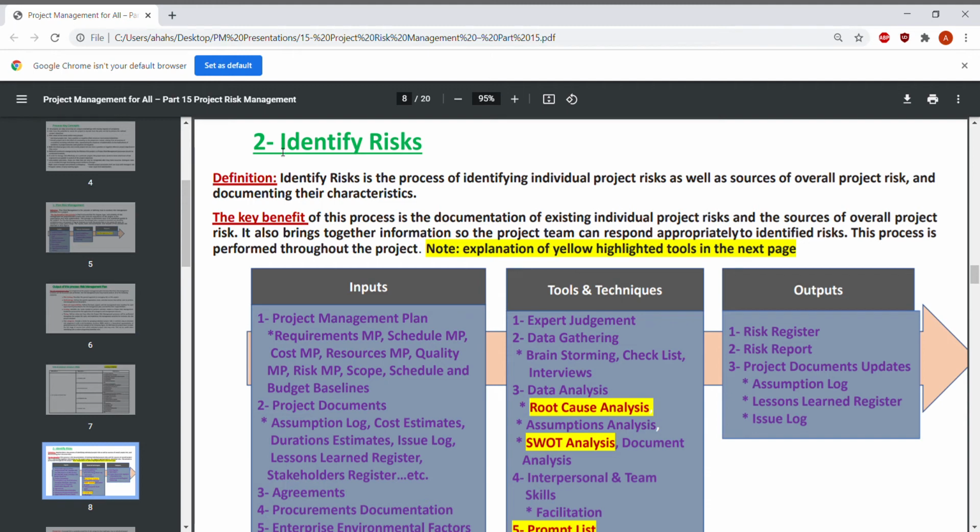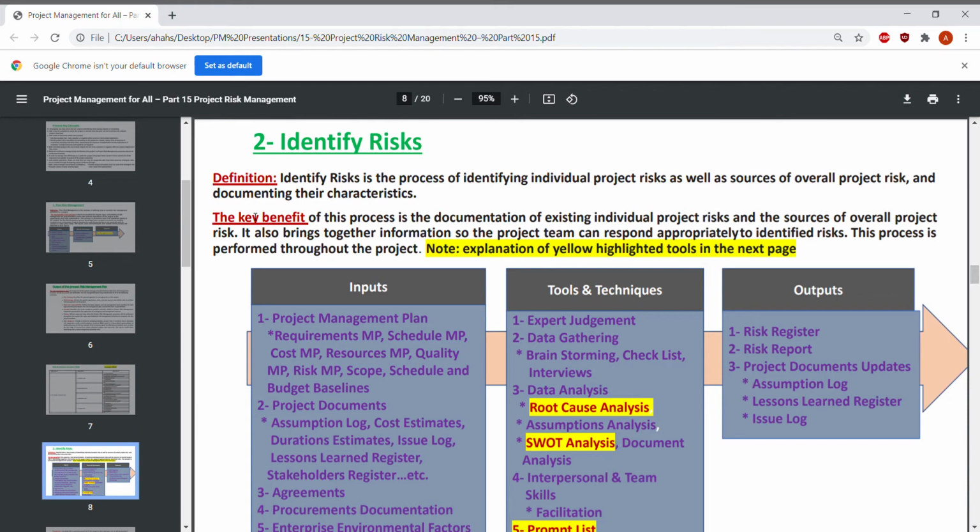The second process of project risk management is identify risks. The definition of this process is identifying individual project risks as well as sources of overall project risk and documenting their characteristics.